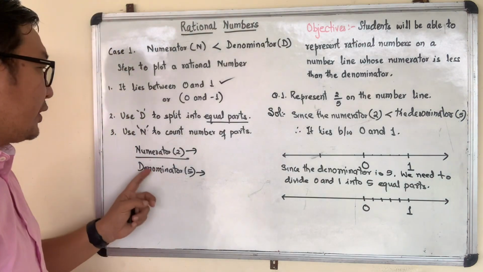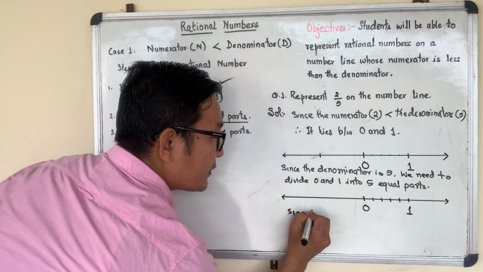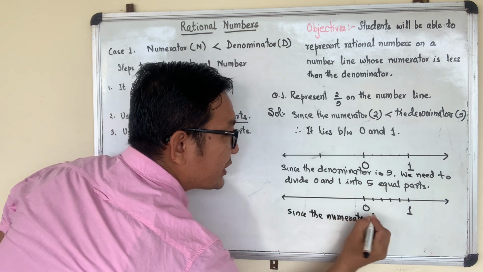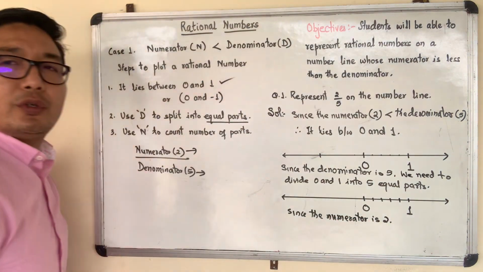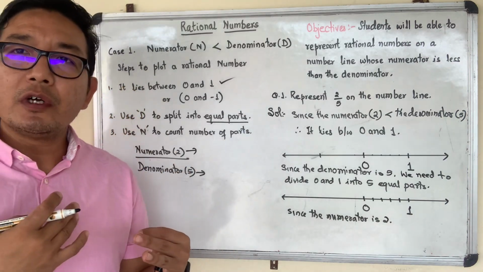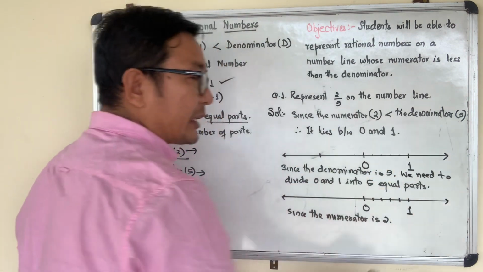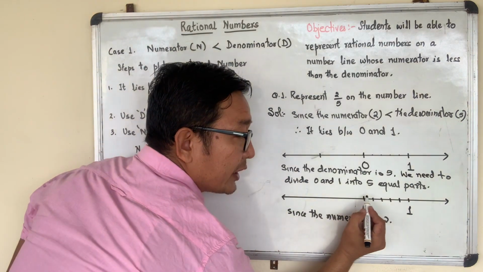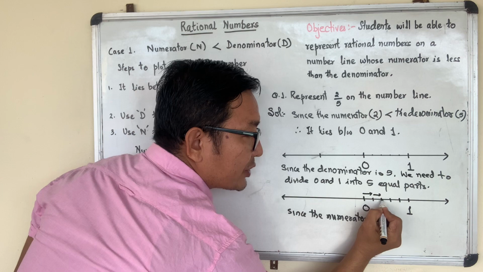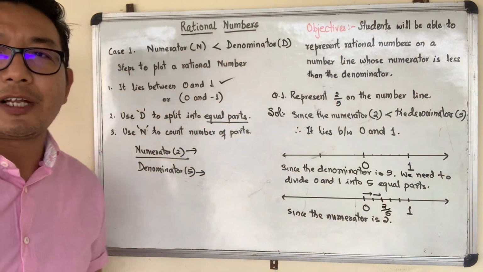Then the numerator. Since the numerator is 2, it tells us how many parts we have to move from 0 to the right side, the positive side. So we move 1, 2. This is the rational number 2 by 5 on the number line.